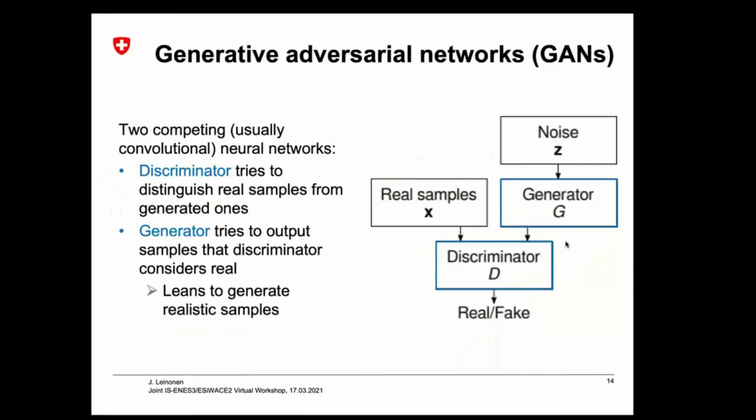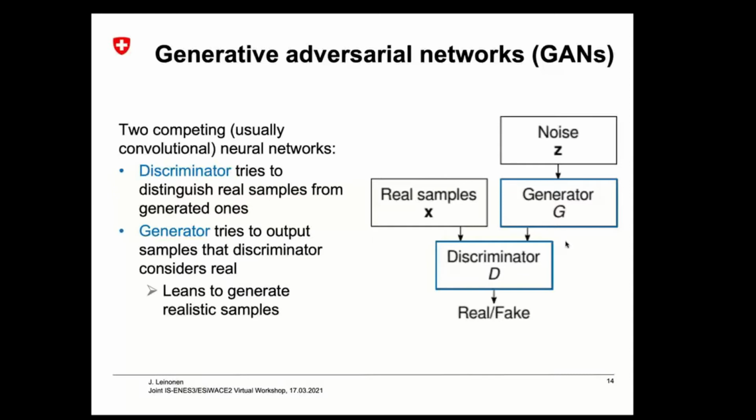So how do these work? GANs are a setup of two competing neural networks, usually convolutional ones. So we have a discriminator, which is kind of a binary classifier network that tries to distinguish real samples from our data set from generated samples. And then we have another network called the generator that tries to output samples that the discriminator considers to be real.